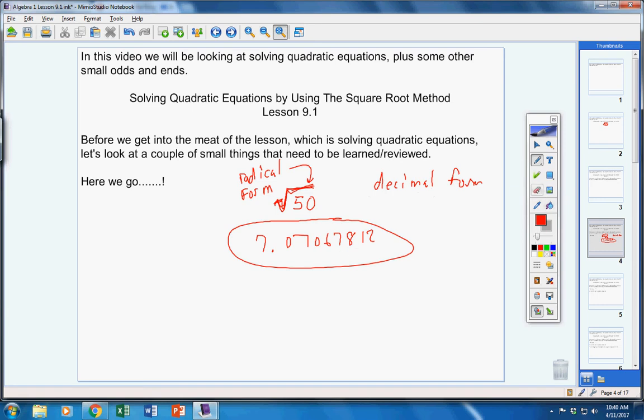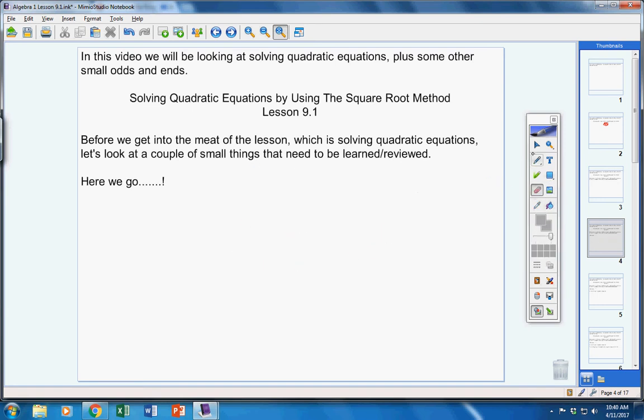Okay, now, one other thing. If I gave you a problem like this, obviously, you would just solve that and put 9. We're not going to leave it in radical form. So if it's a perfect square, we know the answer is obviously 9, okay? That just makes sense.